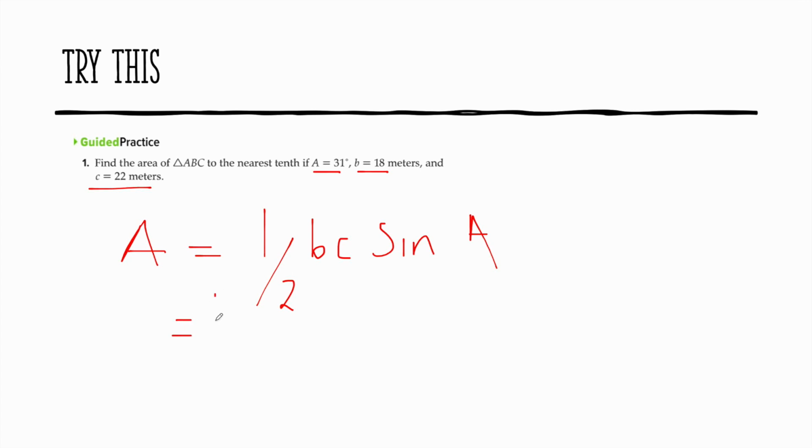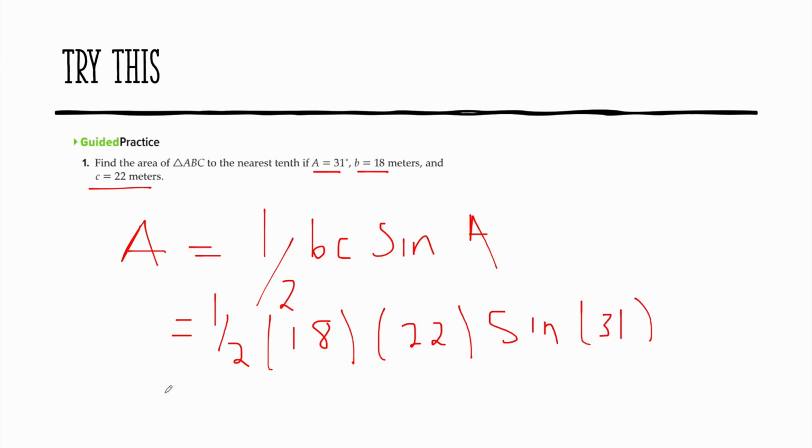So we will have 1 over 2, our B is 18, so we multiply by 18, our C is 22, and sine 31.